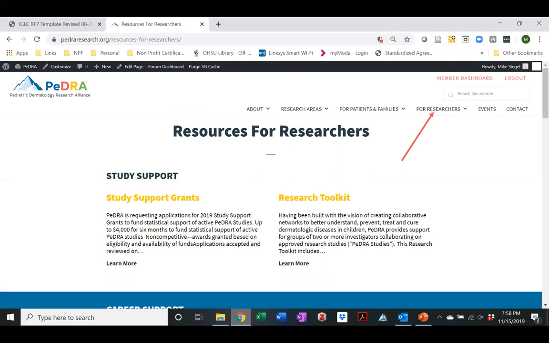And the idea for the toolkit is to give you an idea of the different ways that PeDRA is here as an organization to help make your life easier in the conduct of research, to help hopefully save you time, to hopefully help improve the quality of your research, and to hopefully allow you to focus more of your attention on other demands.